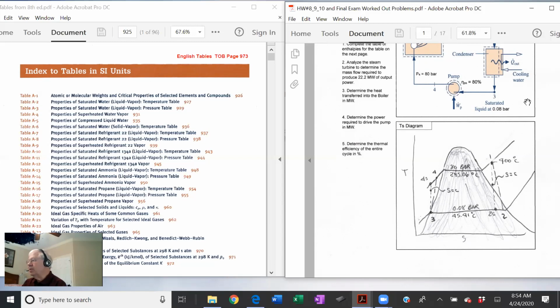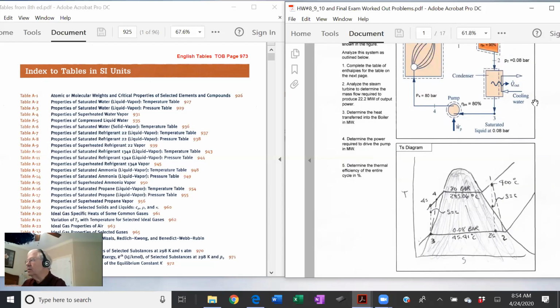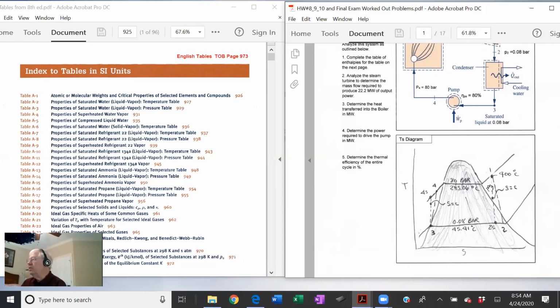Now we know the high pressure. We know that a Rankine cycle is essentially bounded by two pressure levels: high pressure inside the boiler, going into the turbine, and the low pressure, which is the condenser into the pump.